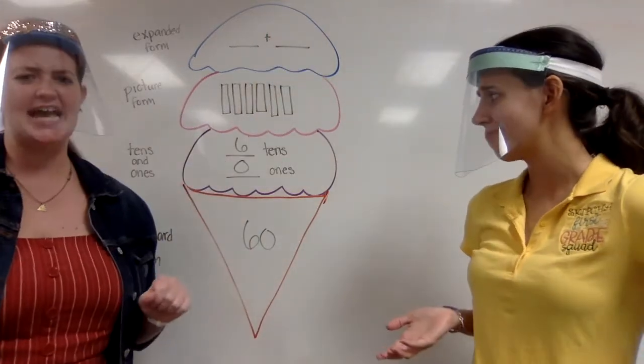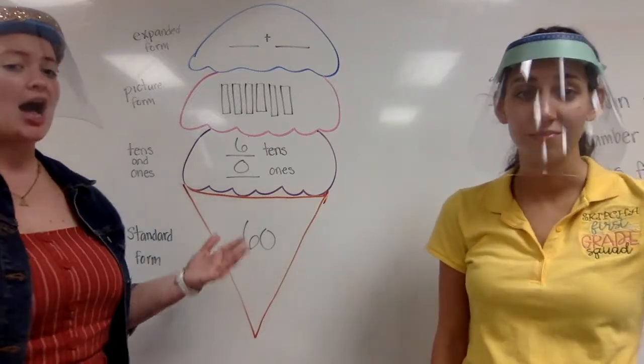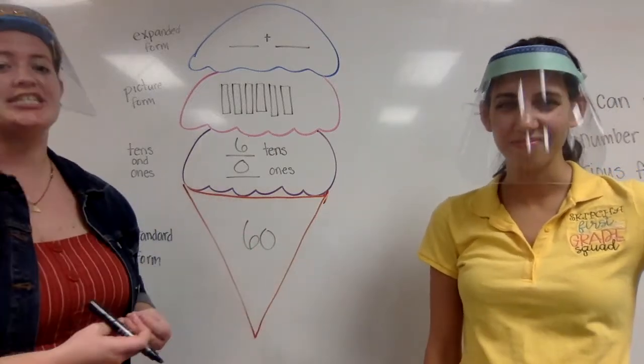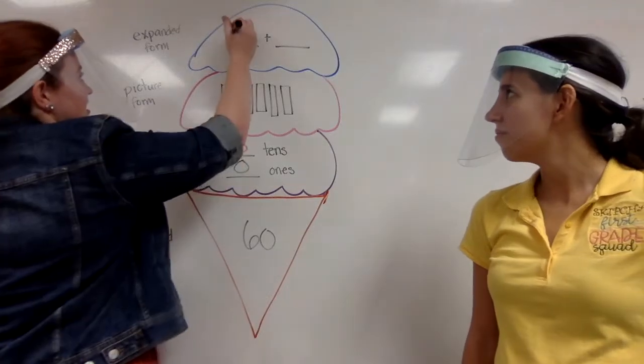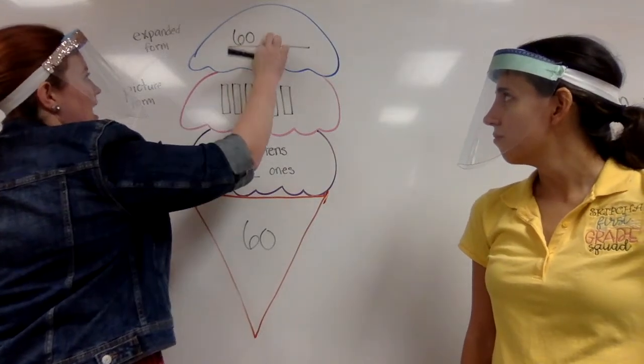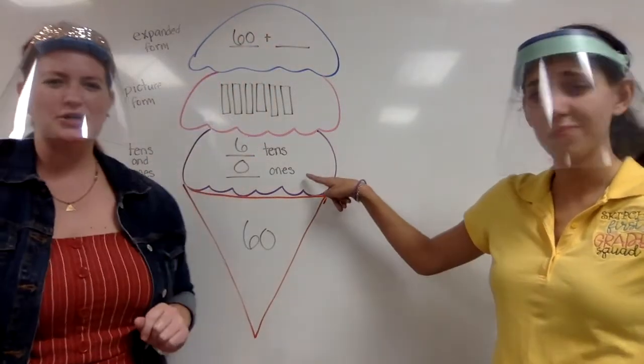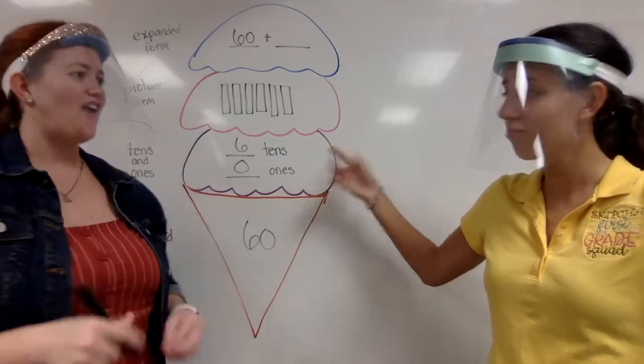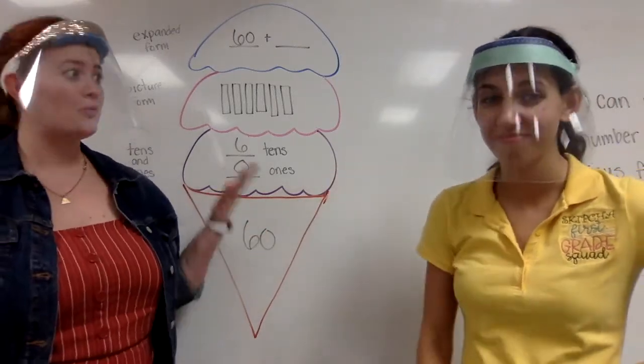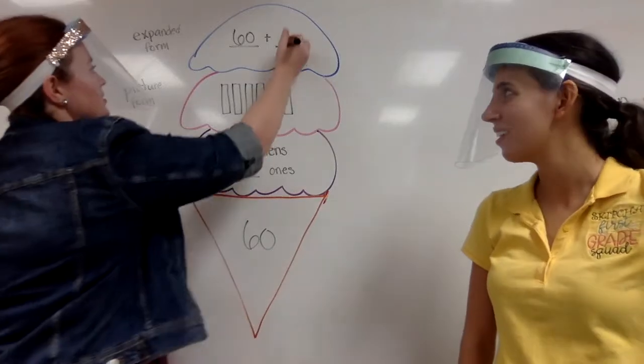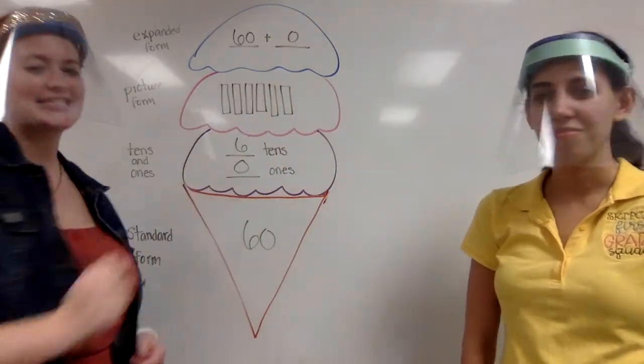I have 6 tens. Well, that has a value of 60. If I was holding 6 tens, I would have 60. I have 60 plus, oh, I have 0 ones. If I have 0 ones, that's worth 0. So 60 plus 0.